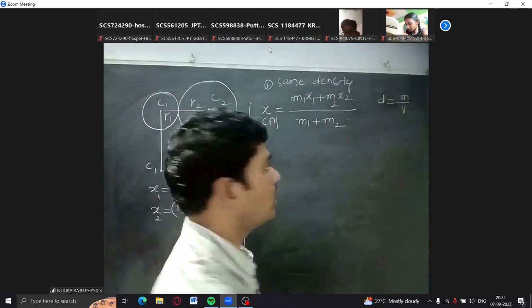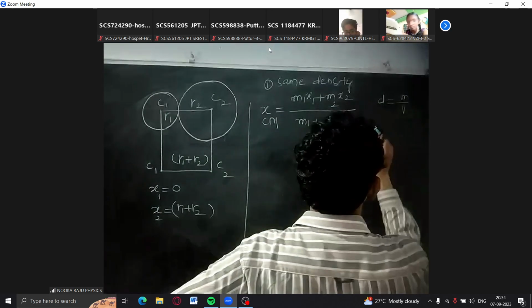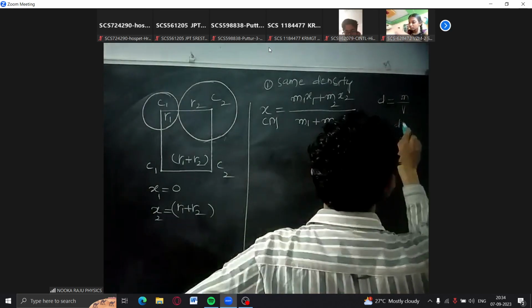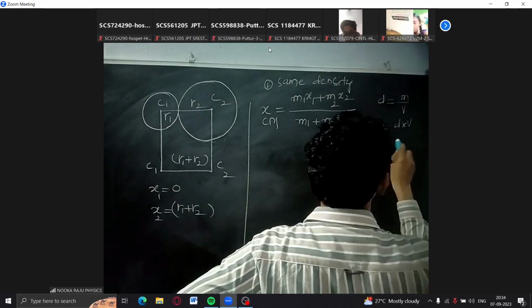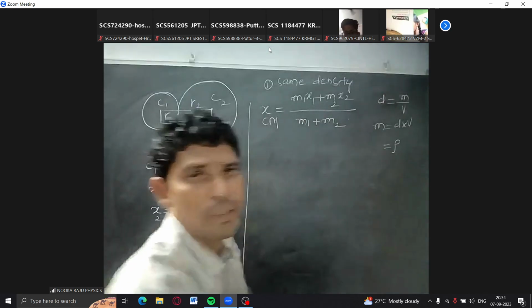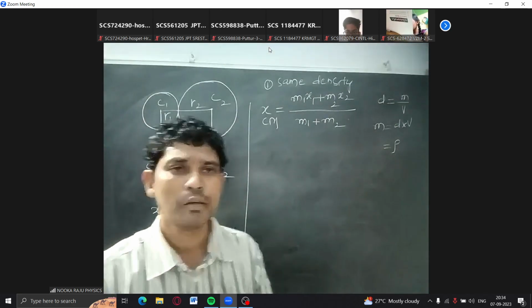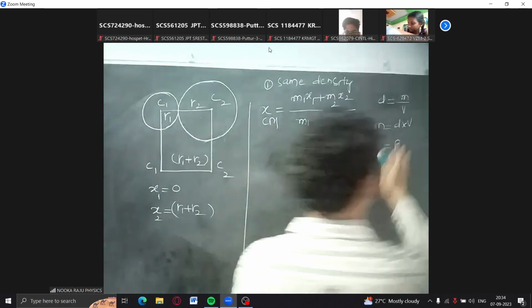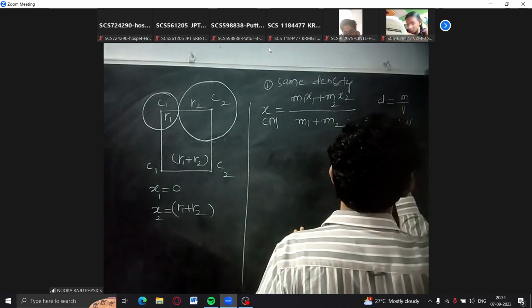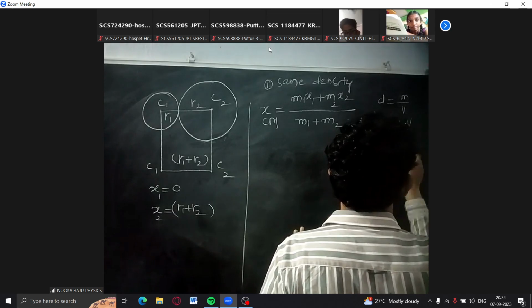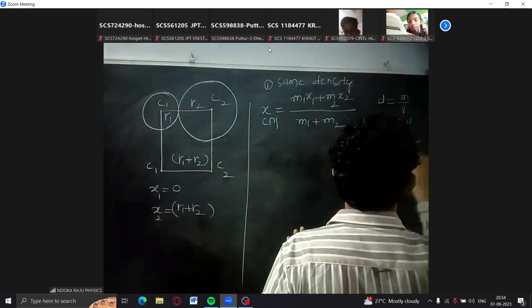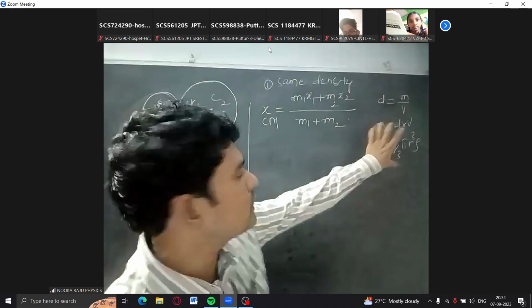So mass equals density into volume. Density means rho, and the volume of the sphere is 4/3 pi r cube. So m equals 4/3 pi r cube into rho.